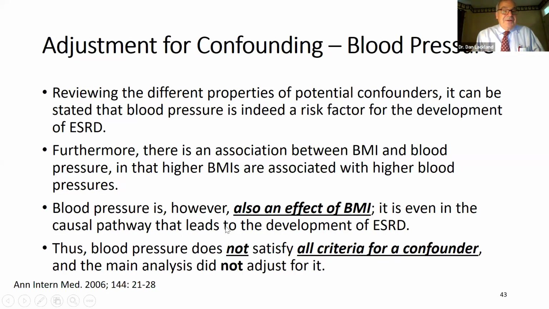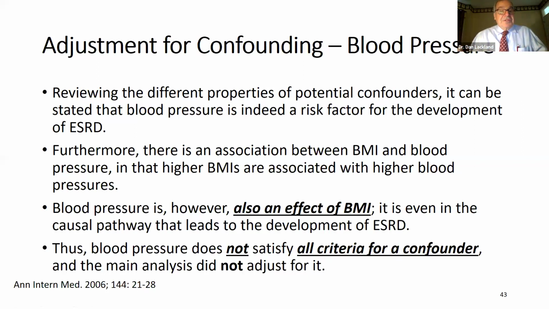Blood pressure is, however, also an effect of body mass index, and it is in the causal pathway of the development of end-stage renal disease. So an increased body mass index would be associated with an increased blood pressure, which of course is associated again with end-stage renal disease.